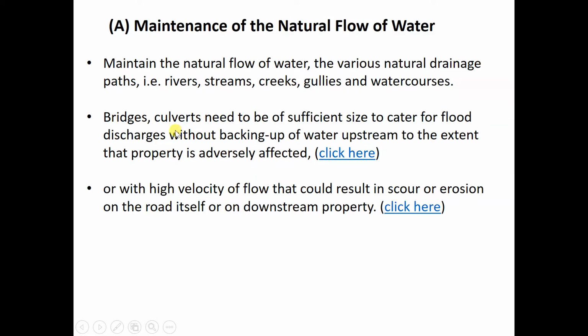To do that, we either build a bridge or culverts that we need to put across to allow the water to flow through. So they need to be of sufficient size. The main thing is that we need to do the capacity design, to make sure that the culvert or the bridge is big enough.